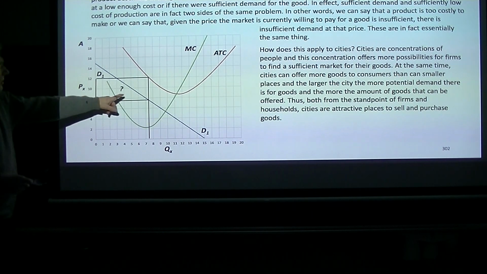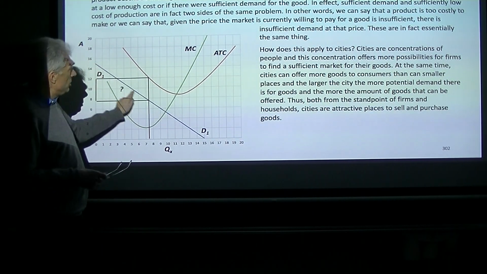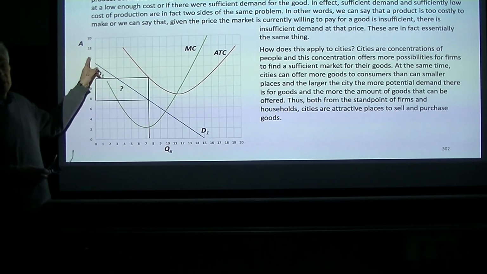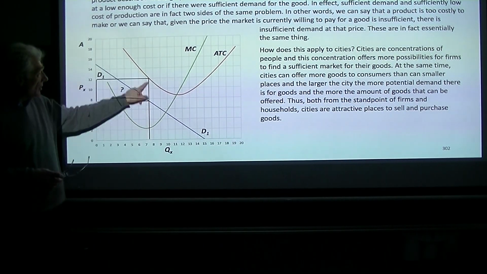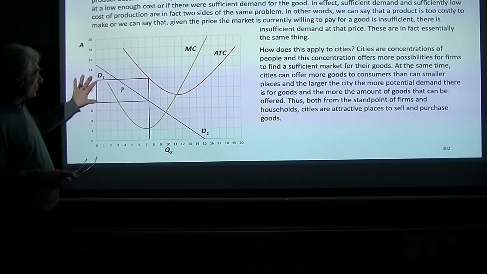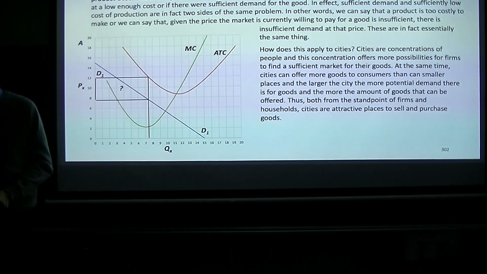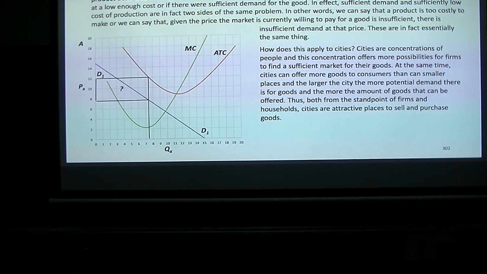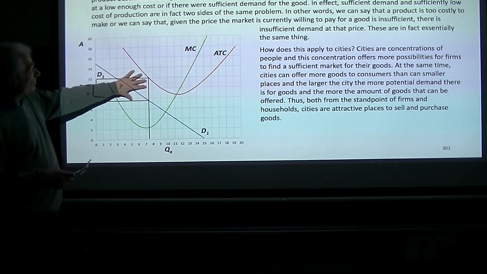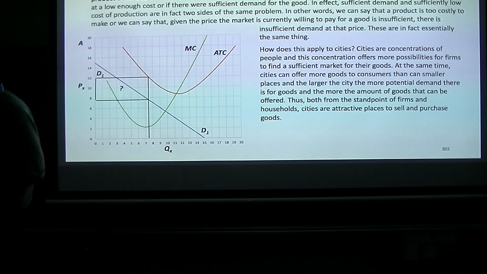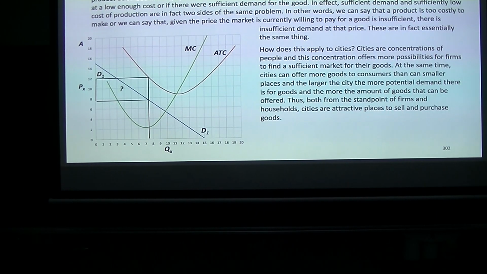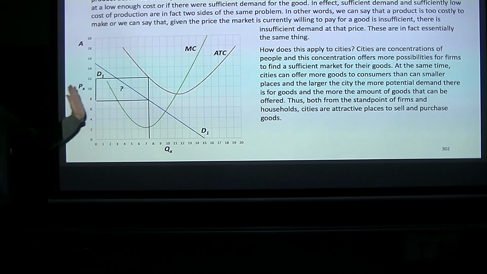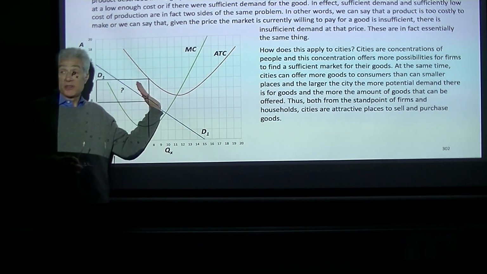So this firm could supply in this market, but there's insufficient demand. At this output level, the firm loses this much, so there's no incentive to produce. This is an example of a firm for which the production of the good is too costly given the size of the market. So as the market gets bigger, what happens? The demand curve shifts out.